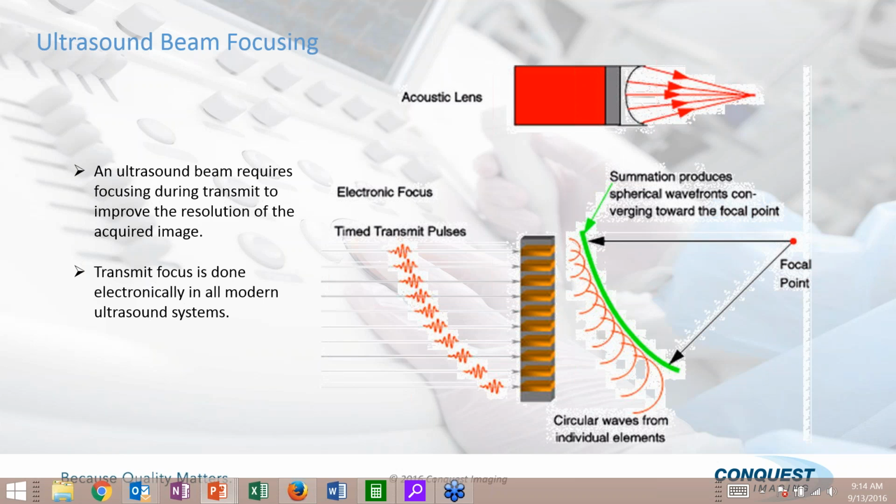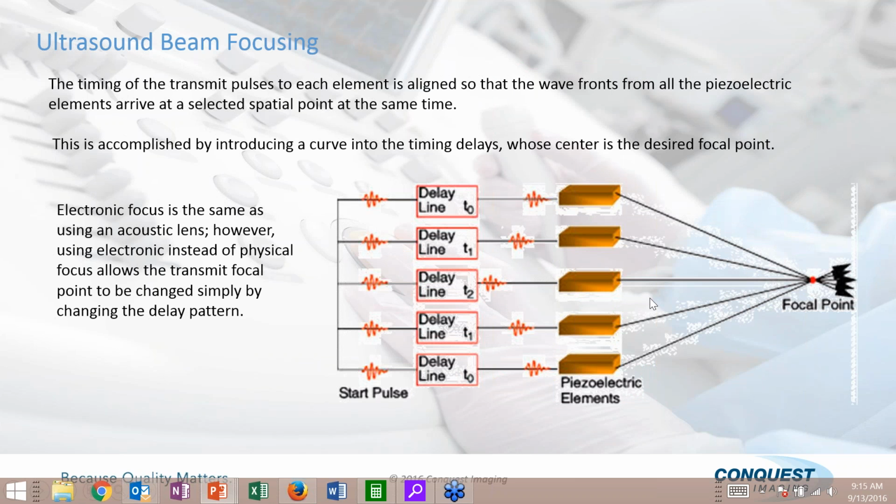Well, with ultrasound, rather than an optical lens, we can create an acoustic lens by timing these pulses and creating different focal points. Essentially, we time these transmit pulses with electronic delays and have the pulses hit the crystals at various times to create a certain focal point.